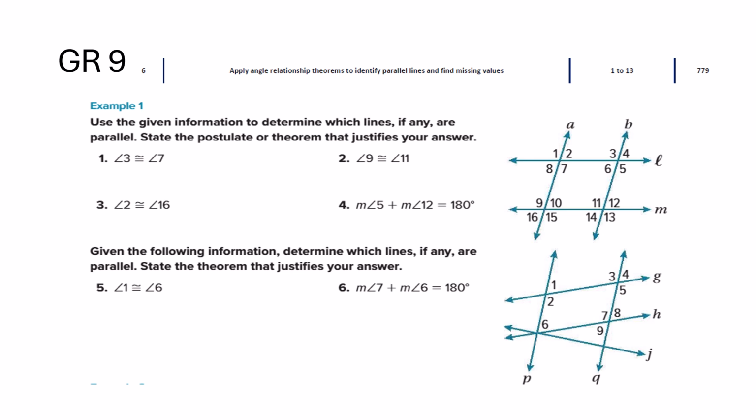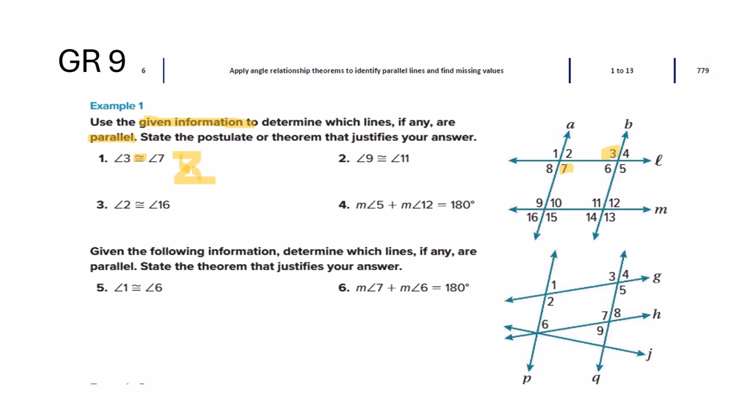So very quickly, let's look at what is always given. Remember, always use the given information to determine whether the lines are parallel. So we look for angle 3 and angle 7. So they are saying to us that angle 3 is congruent to angle 7. So if we look at angle 3 and angle 7, we use the letter Z. So we know it is the alternate, interior alternate angle.